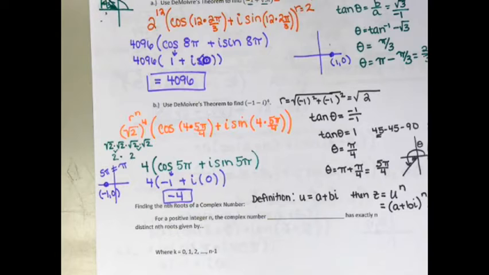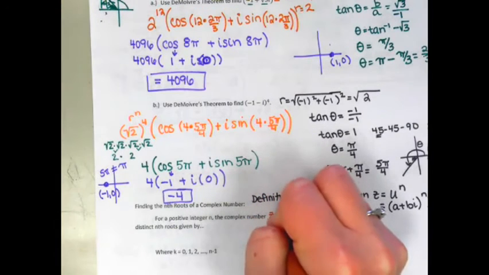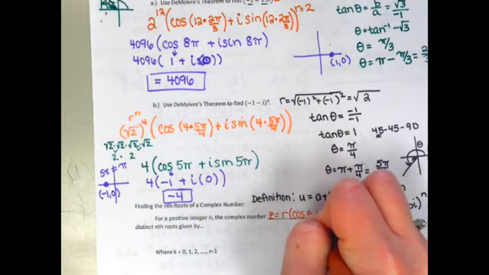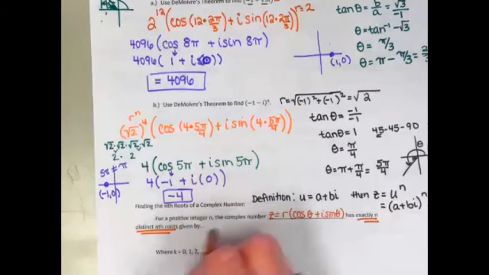Finding those actual roots: for a positive integer n, the complex number z equals r times the cosine of theta plus I times the sine of theta. We'll have exactly n distinct nth roots.